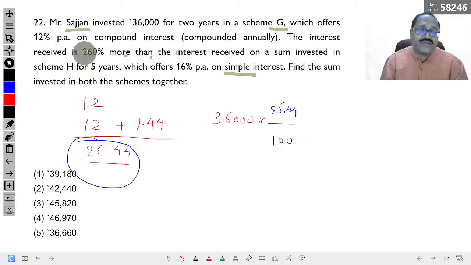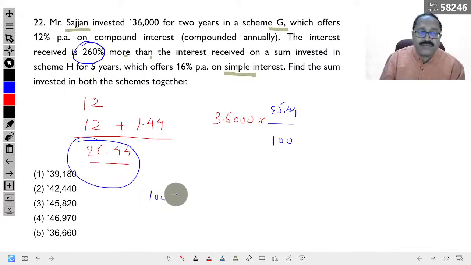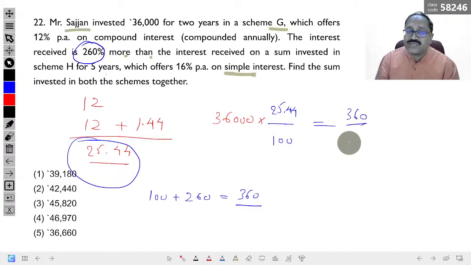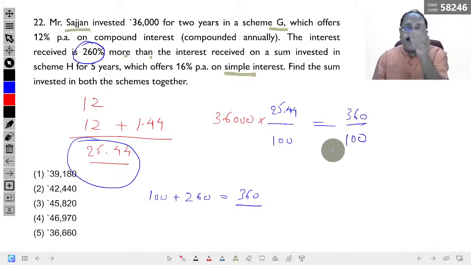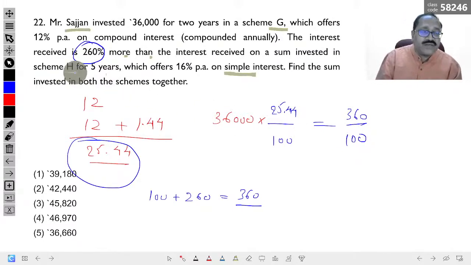Look at this one. This interest is 260% more. That means 100 plus 260, that is 360%. This interest is equal to 360%, that means 360 by 100 of this interest.